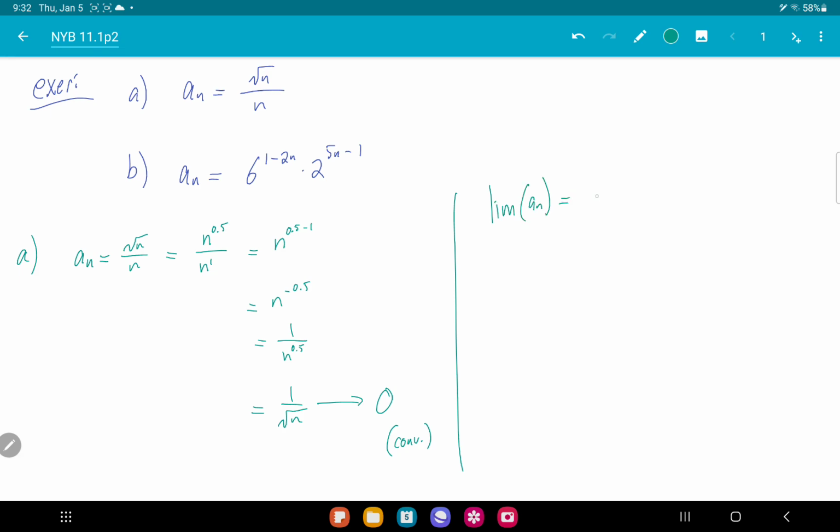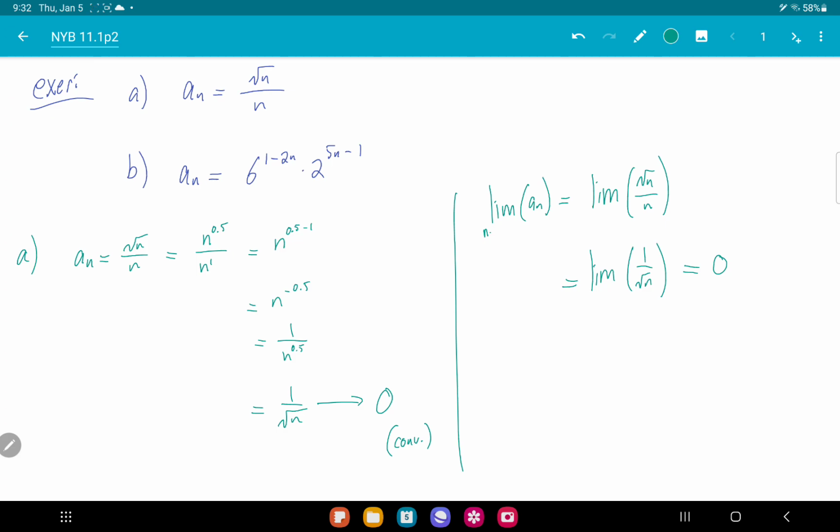Okay, let's do it again with the lim. Lim, so that's lim 1 over root n. And now here I can see quite clearly that the limit is 0.